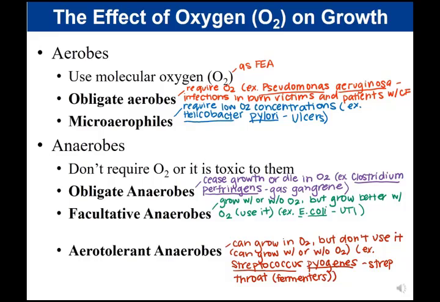So for Strep pyogenes, even if O2 is present, it's not going to matter. It's not going to use O2 even if O2 is present. Other types of bacteria that would fall under being aerotolerant anaerobes are some Lactobacillus, for example, other Streptococcus species, etc. They grow with or without O2, but they don't use it.